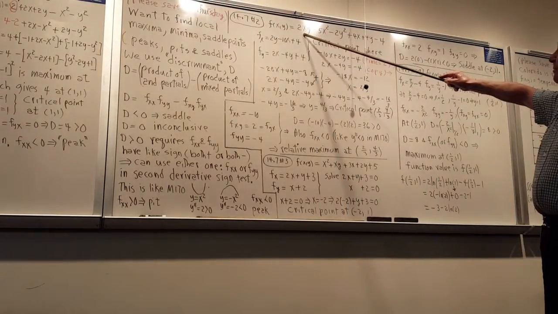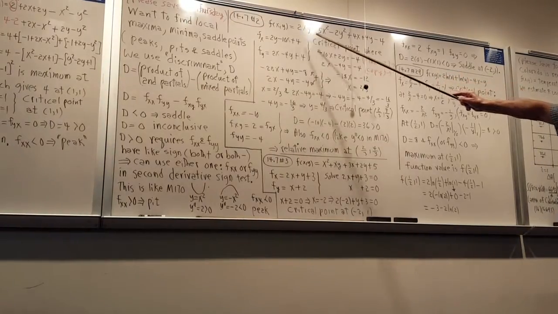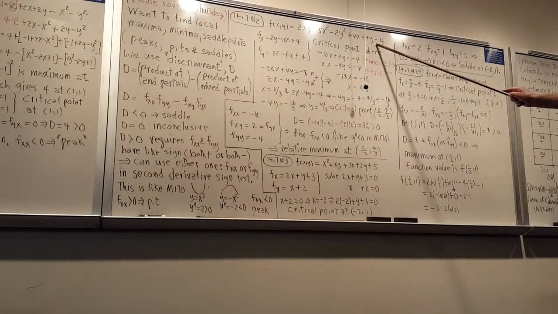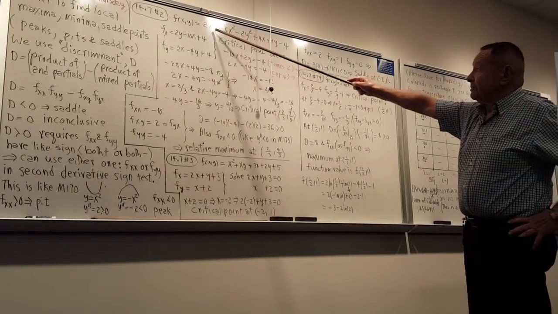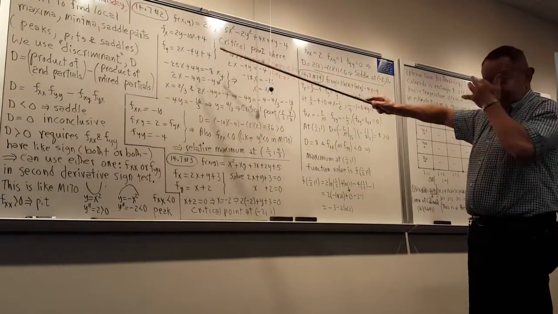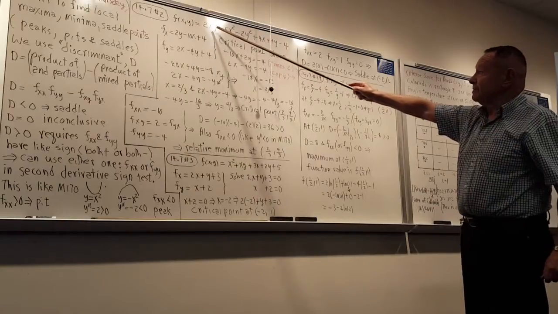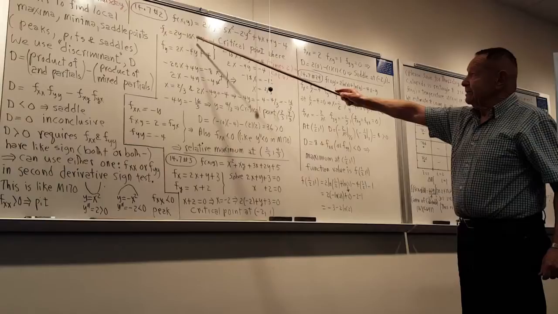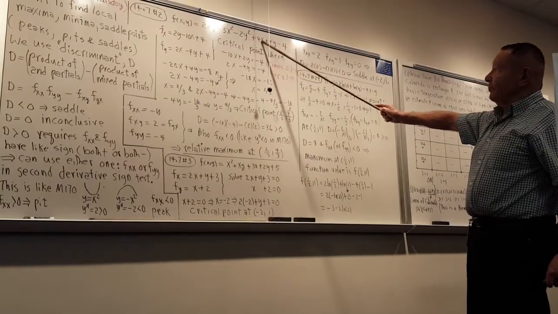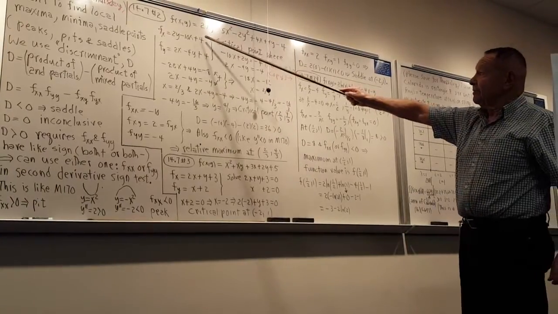So, let's look at some problems that are drawn in it. So here's problem 2. And so I do my partial, I'm after the critical point, so I do my partial with x, and you see I get 2y, and I get minus 10x, and I get a 4 from over here.